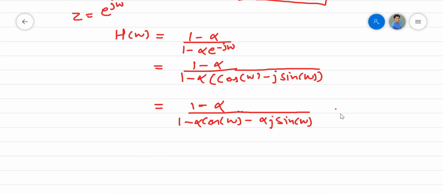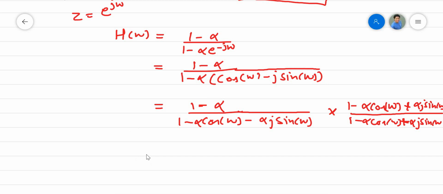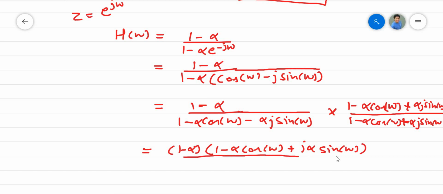For that particular case, we will multiply this equation with 1 minus alpha cos of omega plus alpha j sine omega, in numerator and denominator, which leads to 1 minus alpha times 1 minus alpha cos of omega plus j alpha sine omega, over 1 minus alpha cos omega whole square plus alpha square sine square omega.